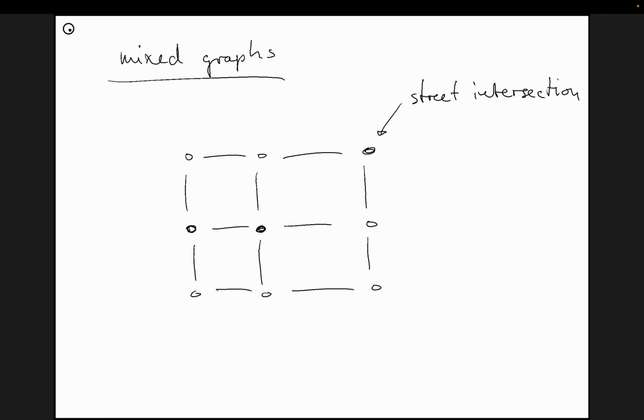Now let's put here a directed edge, and all the others are undirected. So what could this mean?